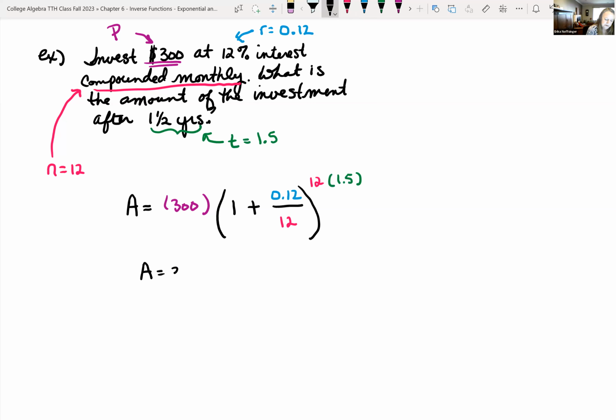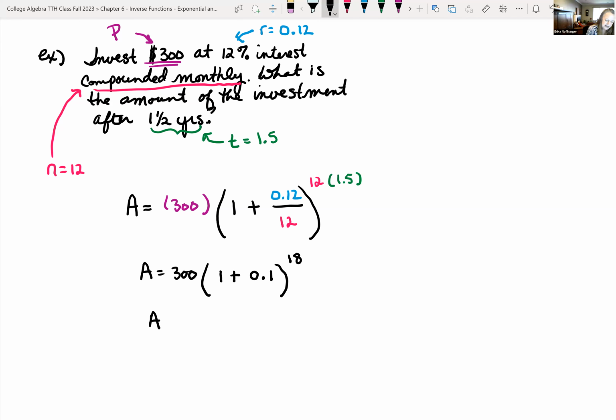So A is equal to 300 times 1 plus, 12 goes into 0.12, 0.01 times. And then I have 12 times 1.5, and so that is going to give me 18.